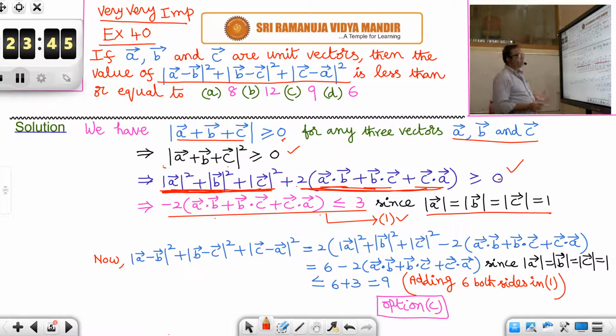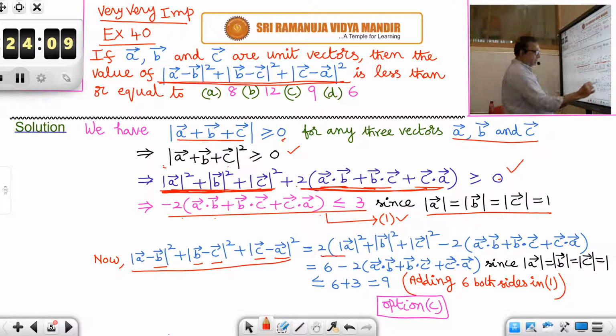Okay. Now, what he wants actually, let us take that expression, mod of A bar minus B bar whole square, etc. I have taken, I am expanding. You will get here mod A whole square, another mod A whole square, 2 times. Mod B whole square here and also here, 2 times mod B whole square. Similarly, mod c whole square here and also here, 2 times mod c whole square. 2 times, in the bracket, mod a whole square plus mod b whole square plus mod c whole square.